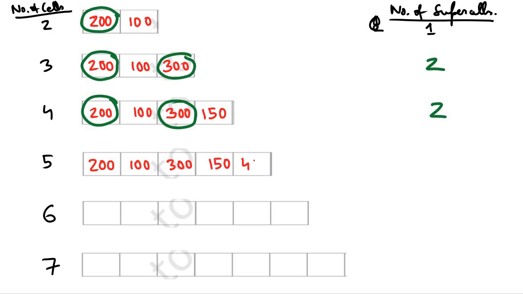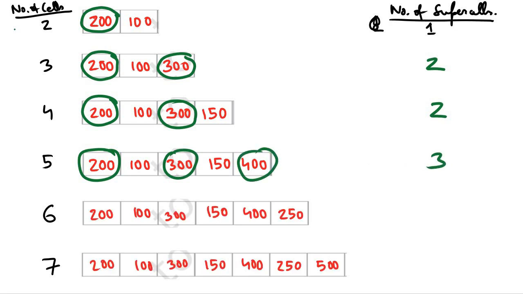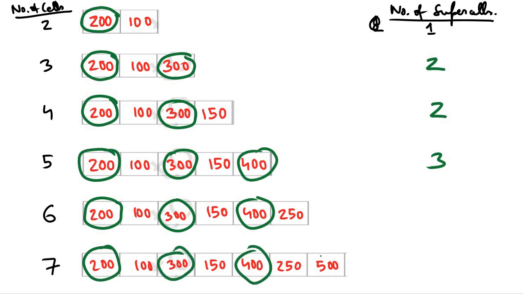Now say 400. This time it is 1, 2, 3 supercells. I have done the other cases as well. So here we will have again 3 supercells, and for the 7-celled one we have got 4 supercells, right?